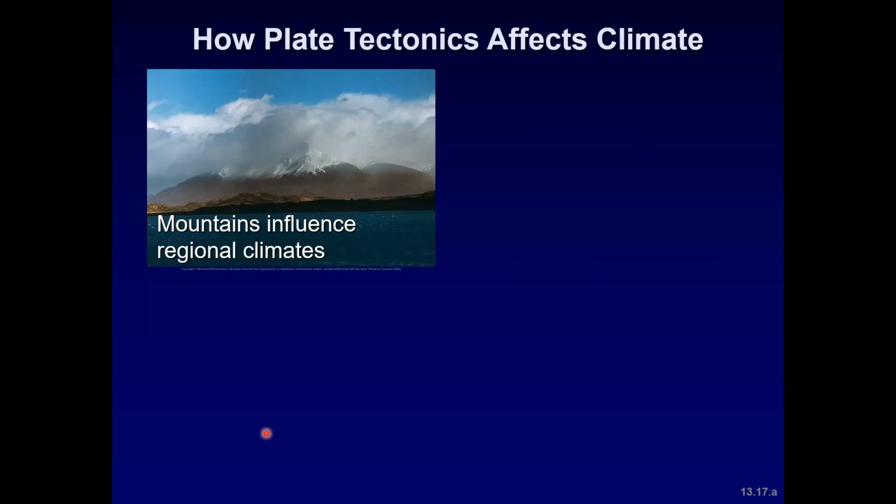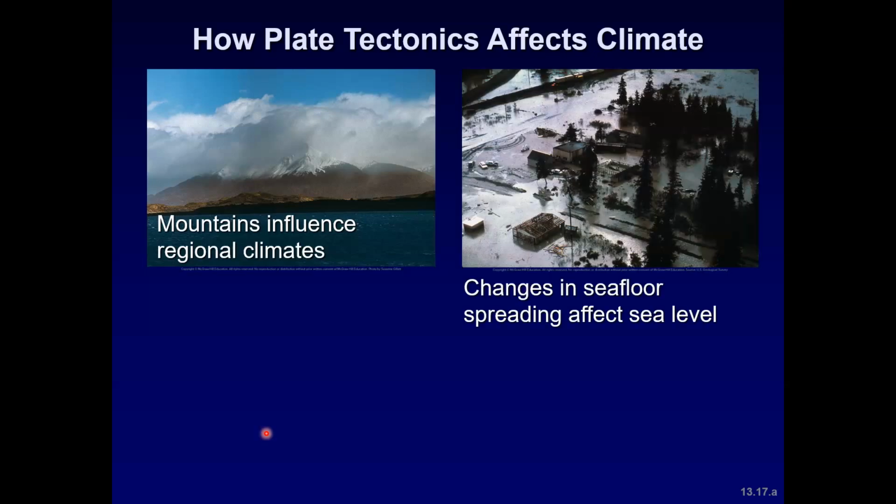Well, let's think about plate tectonics and how those affect climate as well. We've already talked about how mountains influence regional climates because mountains intercept wind and water vapor, causing rain shadows and other climatic effects. Tectonic uplift also exposes land to chemical weathering, which then removes carbon dioxide from the atmosphere. With rapid seafloor spreading, water is displaced from the ocean basins, and such flooding could change local climates.